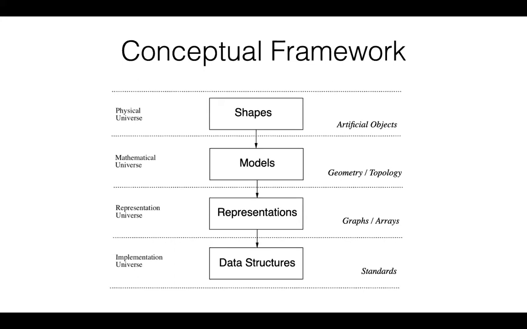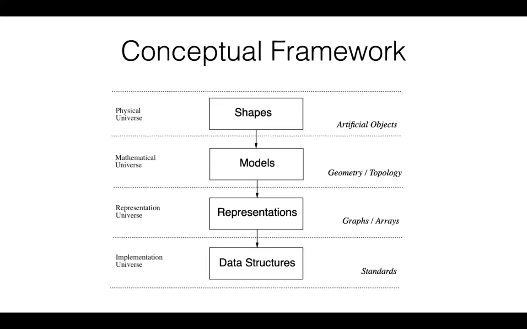And these models are going to be represented by graphs or arrays with the data that are going to encode the geometry and topology. And finally, these graphs and arrays are going to be implemented using data structures, and they will be associated with standards for interchange of formats between different systems.